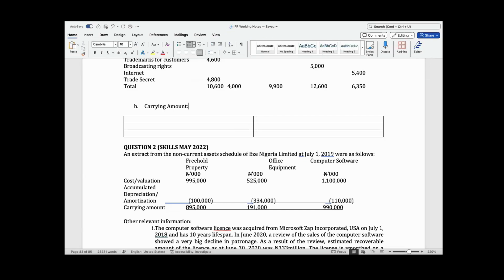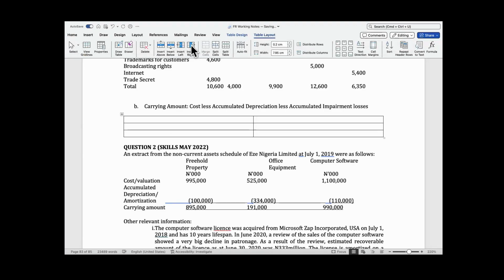Okay. So carrying amount is cost less accumulated depreciation. In fact, if you have impairment loss, you deduct it: accumulated impairment losses. So I want to do it for how many assets?